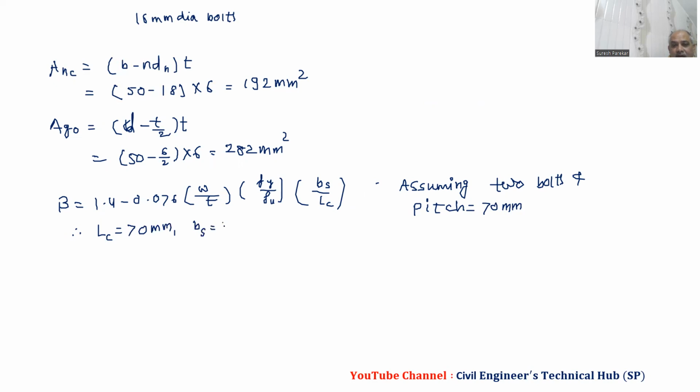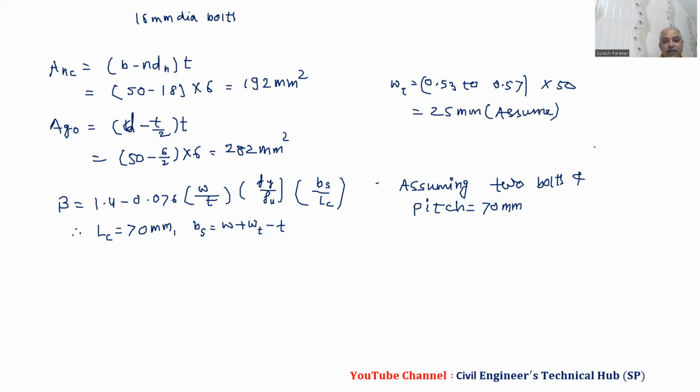BS we have W plus WT minus T. And we know we have WT. Now we have 0.3 to 0.57 into 50. And now actually it comes in between. So I will consider 25 millimeters. So we have to assume it. And then if we put these values, we will get BS that is equal to 50 plus 25 minus 6, and we have this value 69 millimeters.